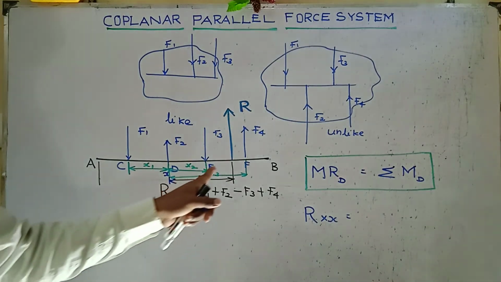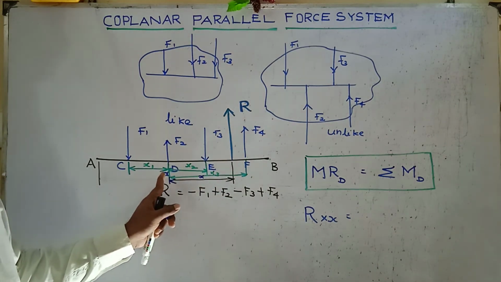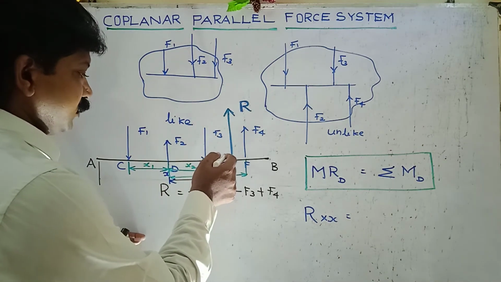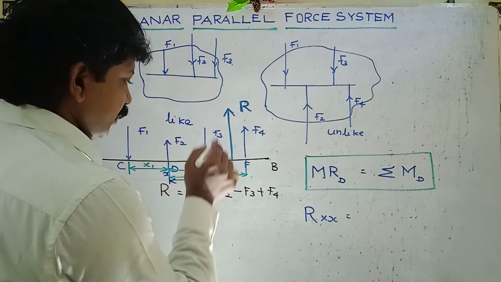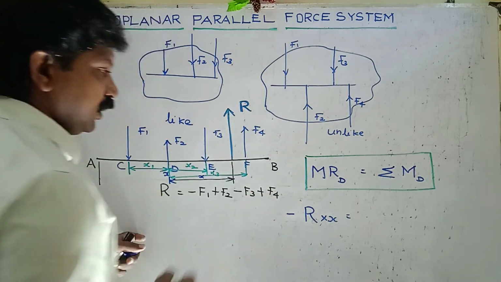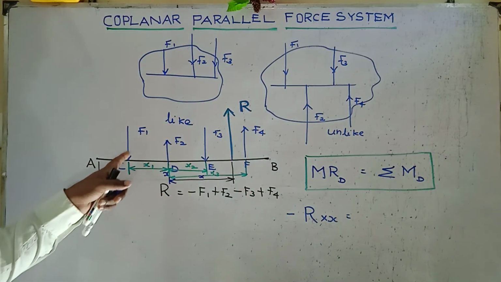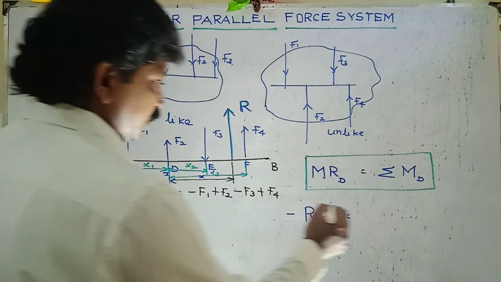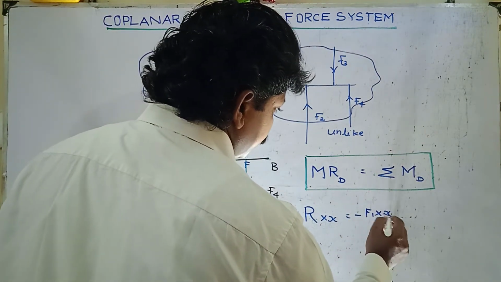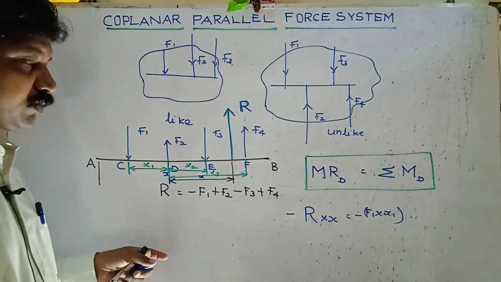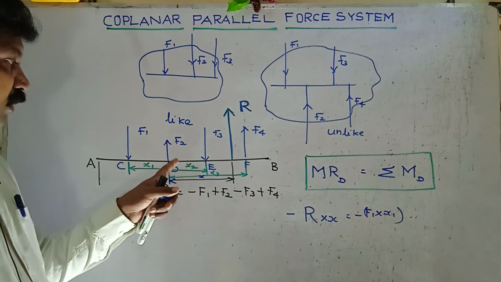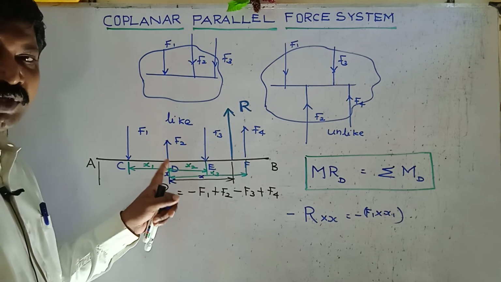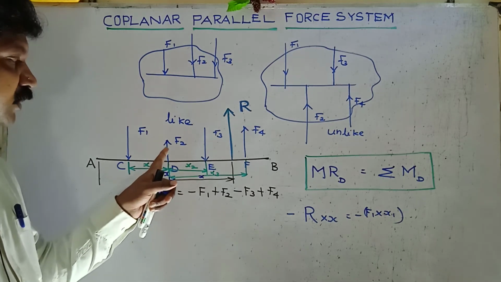Okay, moment of the resultant about the point D equals R into x, anti-clockwise direction as per the given direction, anti-clockwise for negative, equals minus F1 into x1, anti-clockwise. Then F2: the distance from point D is 0, so no moment for the force F2.